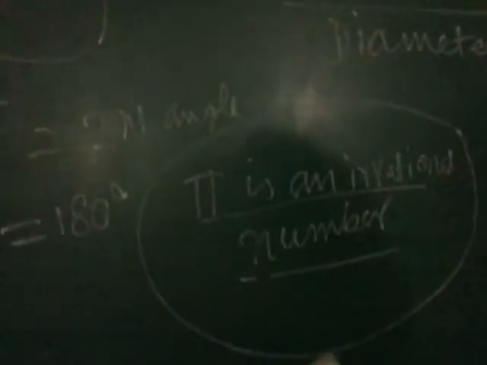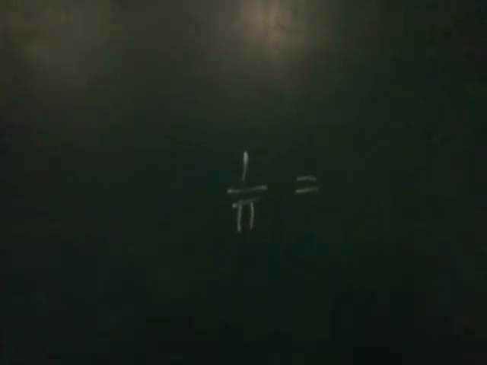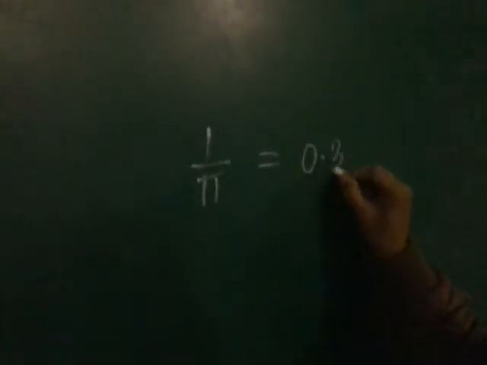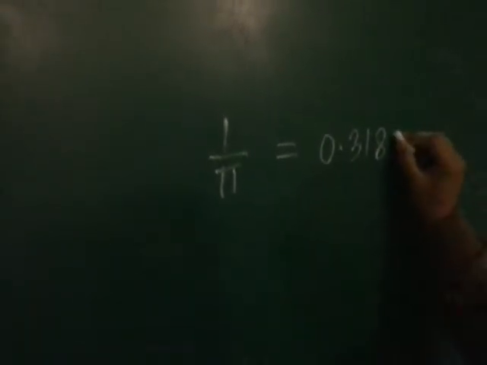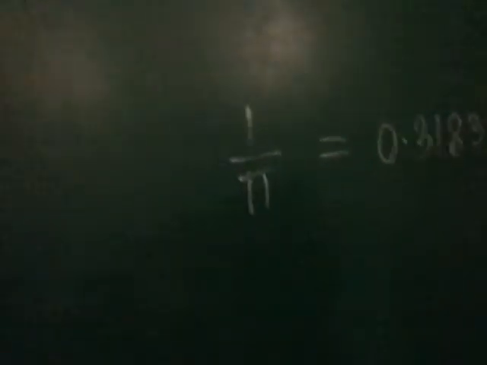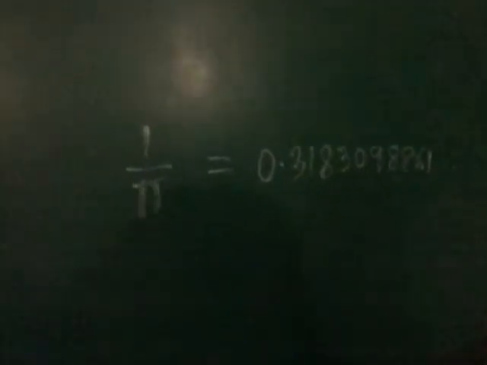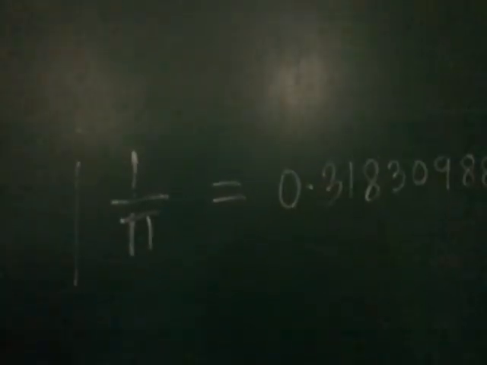And the value of 1 by pi, see it very carefully, you have to learn this figure by heart. 1 by pi equals 0.3183098861.